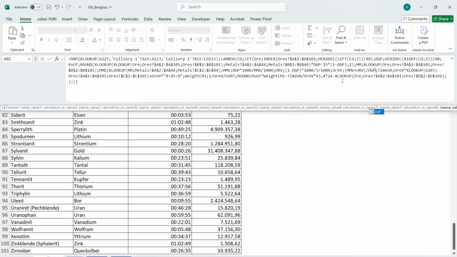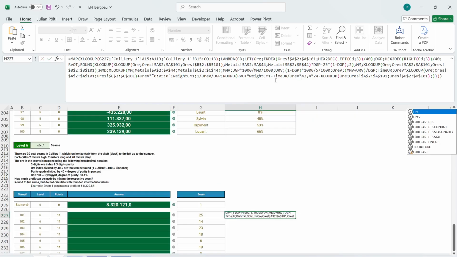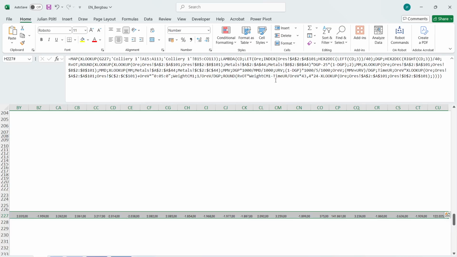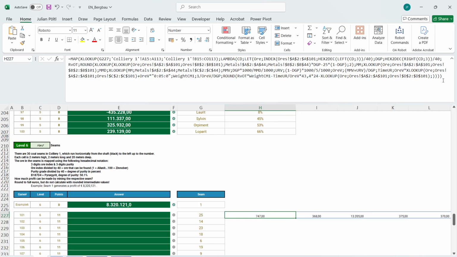I know with a proper setup, I would not be in need to do this. This is ore, but I think we have now everything. Yes, and now we need to think of something else.